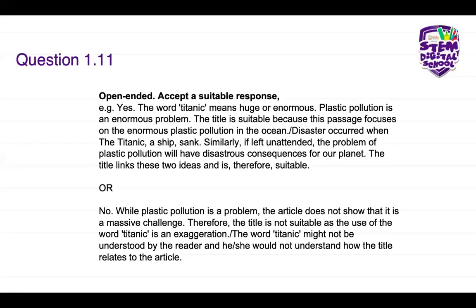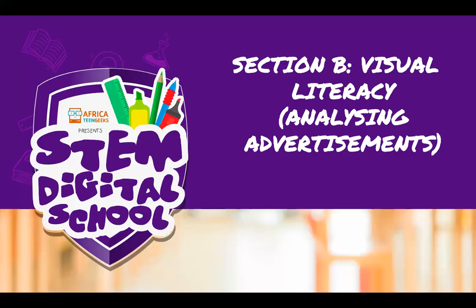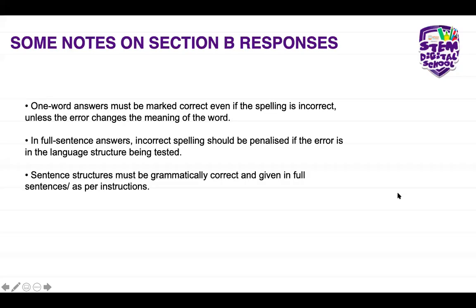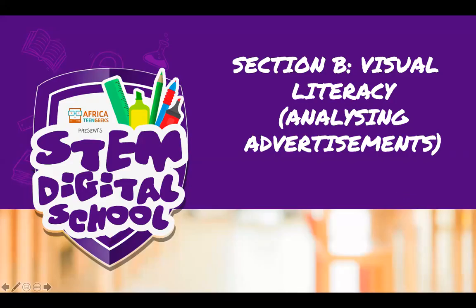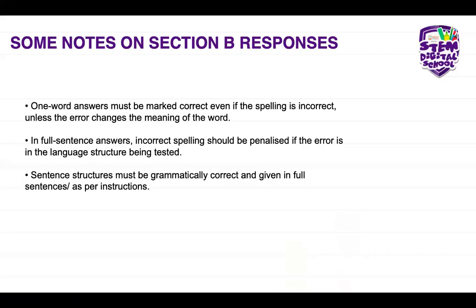All right, let's come back to now section B, visual literacy. It talks about the analysis of an advert. Okay, I want you to be very wary of the following when answering or responding to section B. Remember, section B, so usually after the comprehension would come a summary, which is out of 10, but it wasn't included in this test in particular.